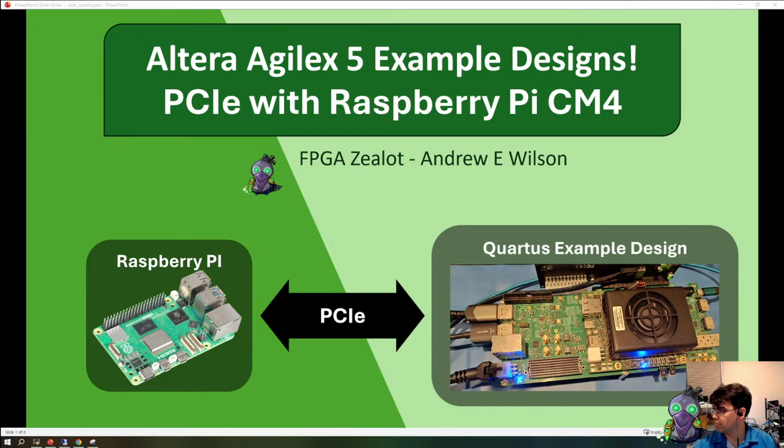Okay. So, welcome to the stream. This is kind of more of me exploring different example designs provided for different FPGAs I have around. Today I wanted to focus on PCIe. I really like PCIe. I think it's a really fun interface.